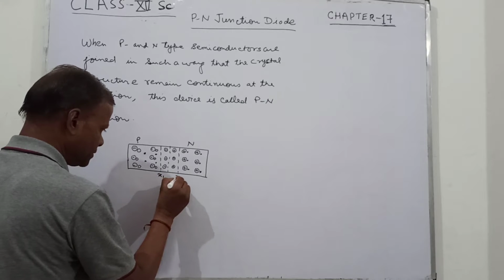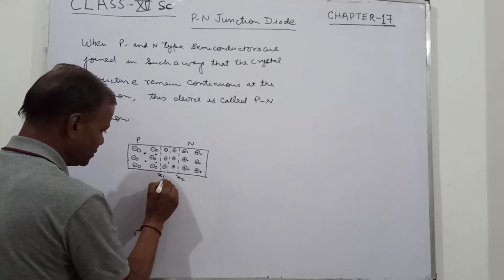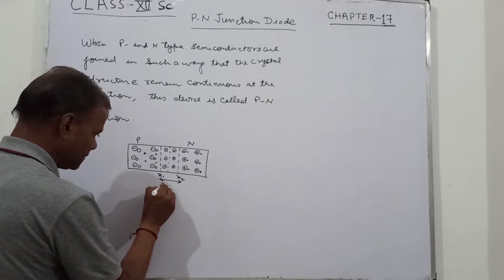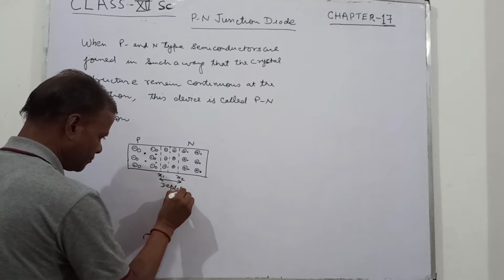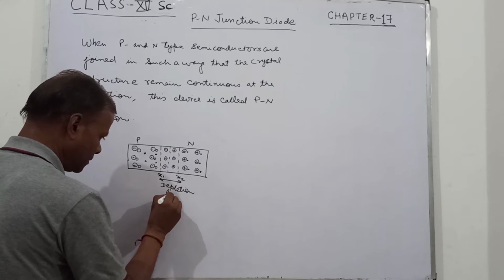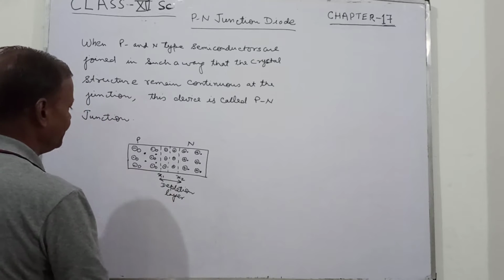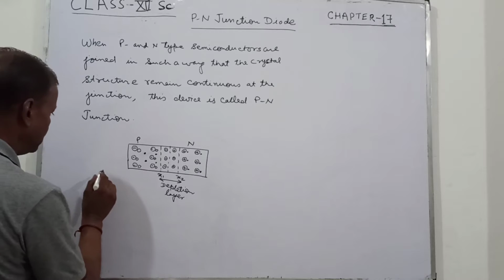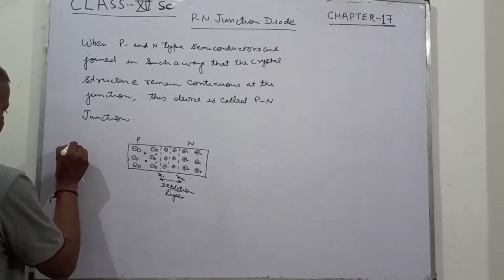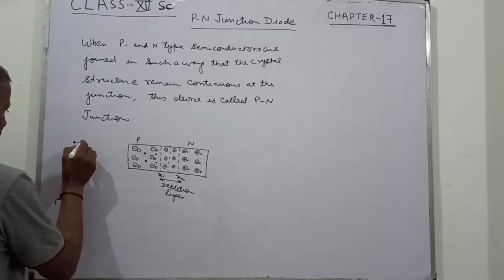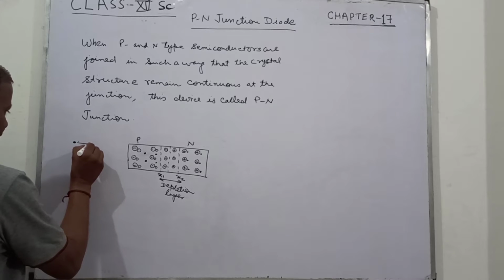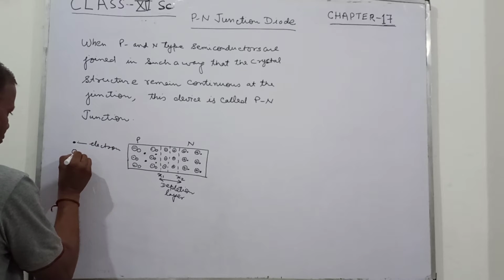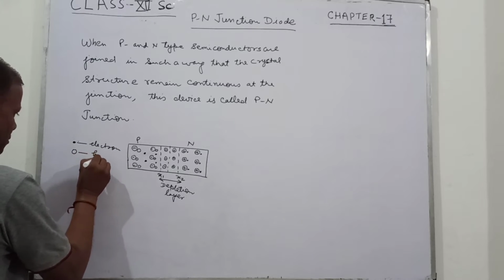This is x1, this is x2. So this is called the depletion layer. Here I have shown you the electrons, and this I have shown you the hole.